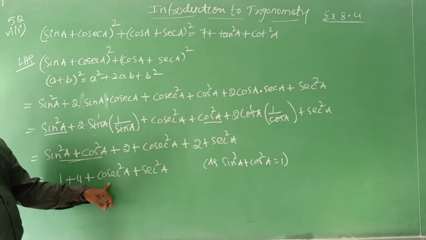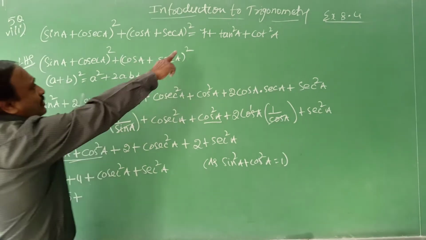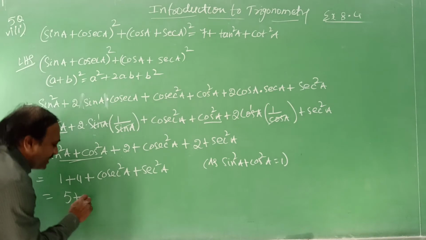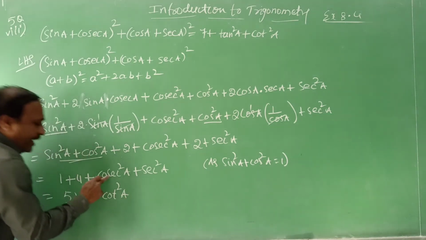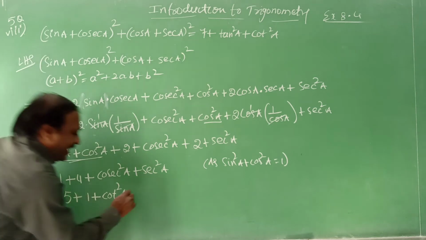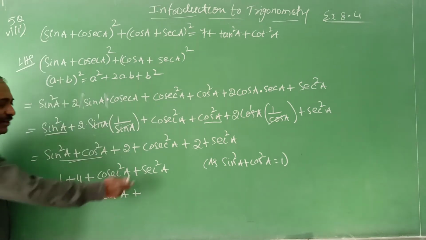In the previous question we discussed the identity 1 plus cot square A. So I am writing this cosecant square A as 1 plus cot square A, plus, can you say how to write secant square A?